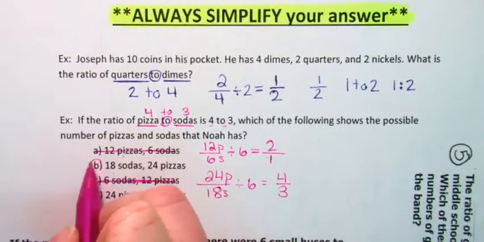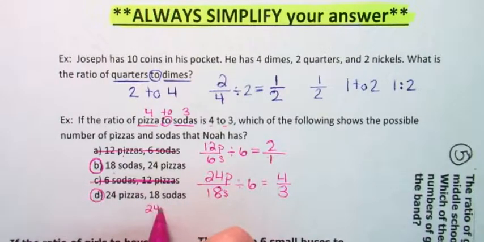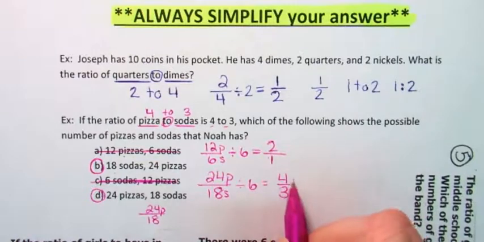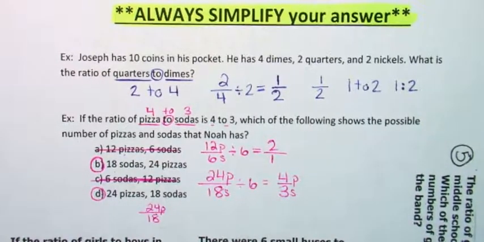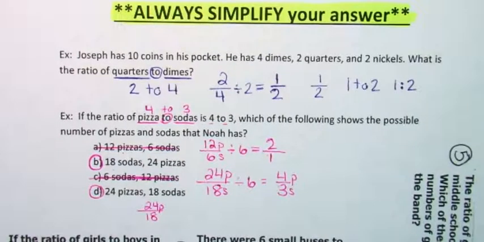So that one does work. And I'm looking ahead and I realize I made a mistake. D would also work, because if you put 24 pizzas over 18 sodas, it would once again still work. So that'll be okay. You can choose either answer. They both, if you simplified correctly, would give us 4 over 3. So either one of those I will accept. You are ready to go ahead and complete your practice activities.